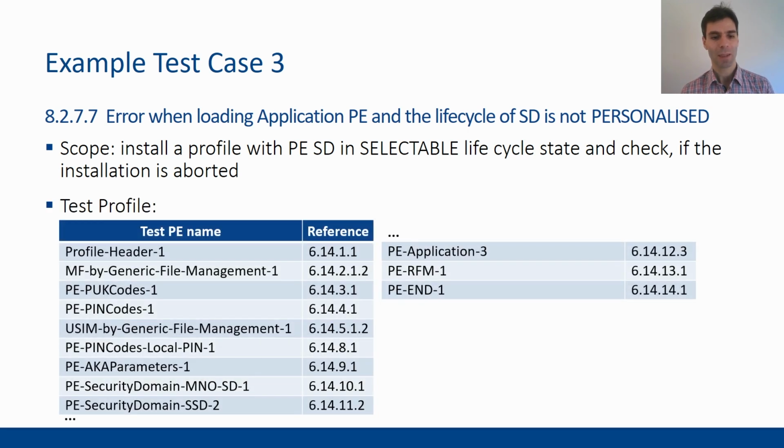So here we have the test profile. The security domain SSD2 is not in personalized but in selectable lifecycle state, and we try to install the PE application 3 under this security domain.